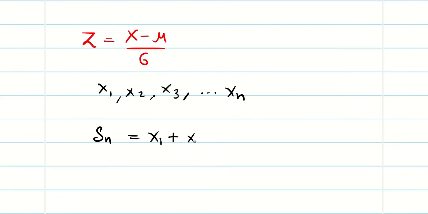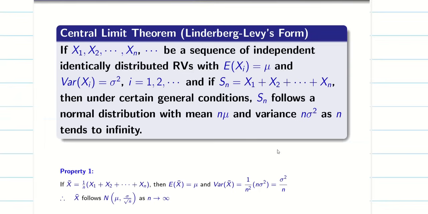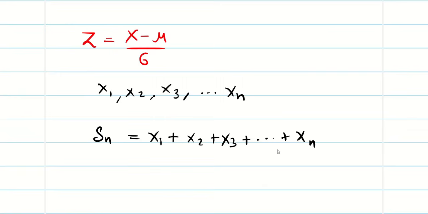Sn is going to be x1 plus x2 plus x3 etc. plus xn. Under certain general conditions, people say Sn will follow normal distribution.